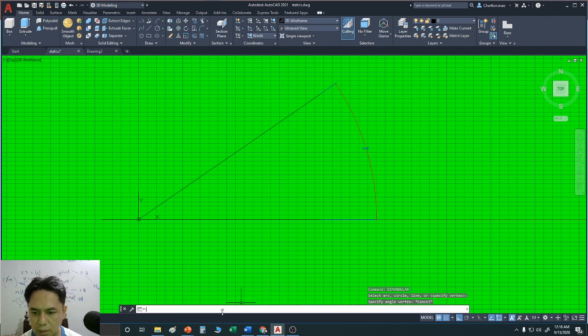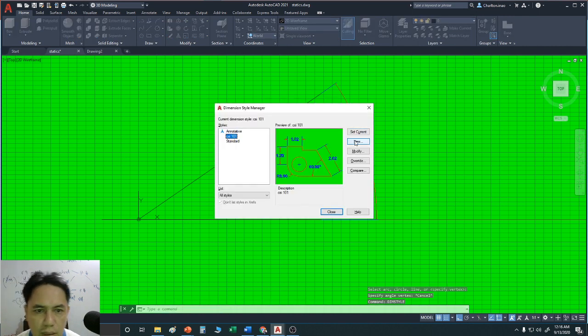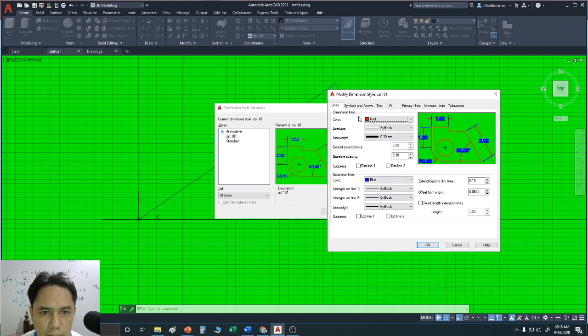Now we have to modify some properties here, the text.